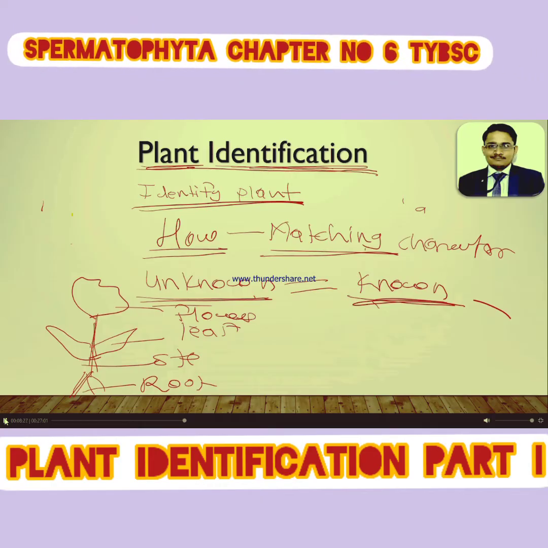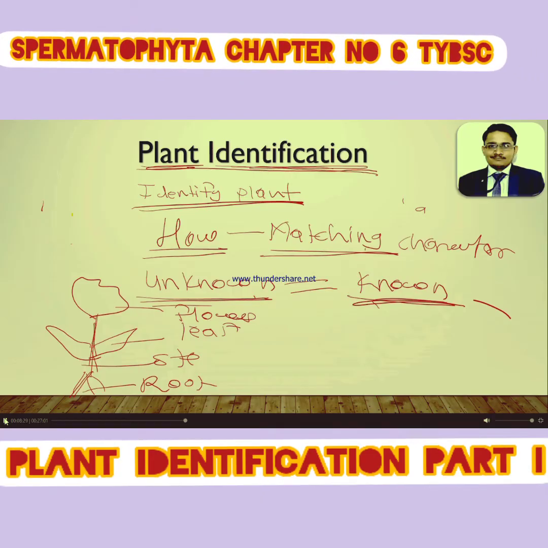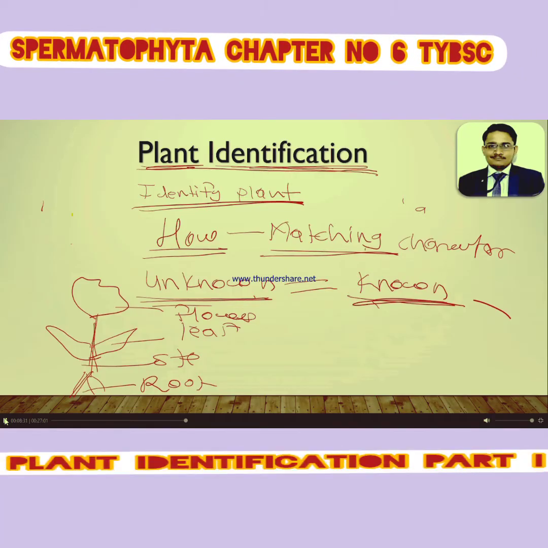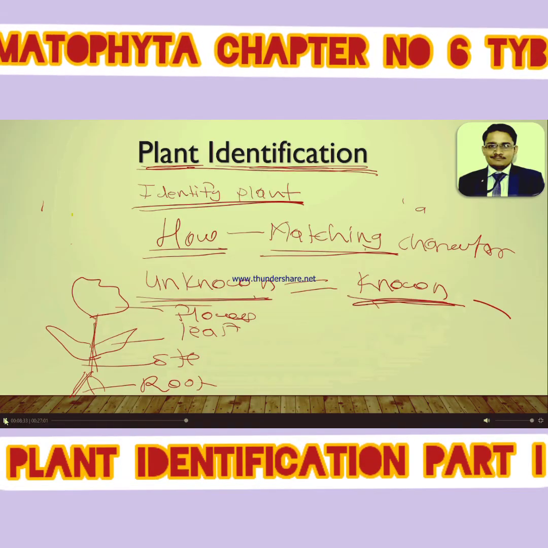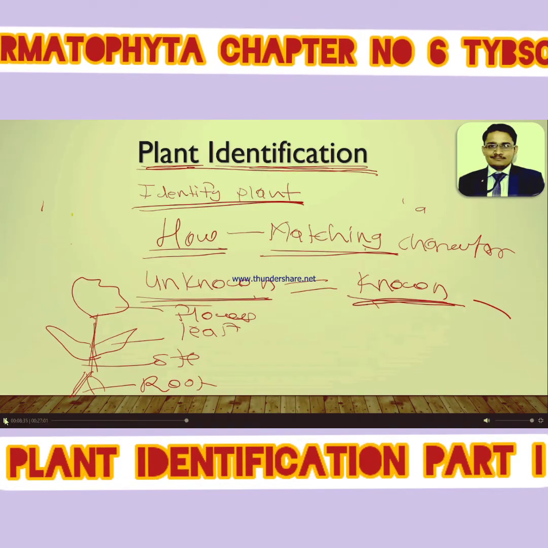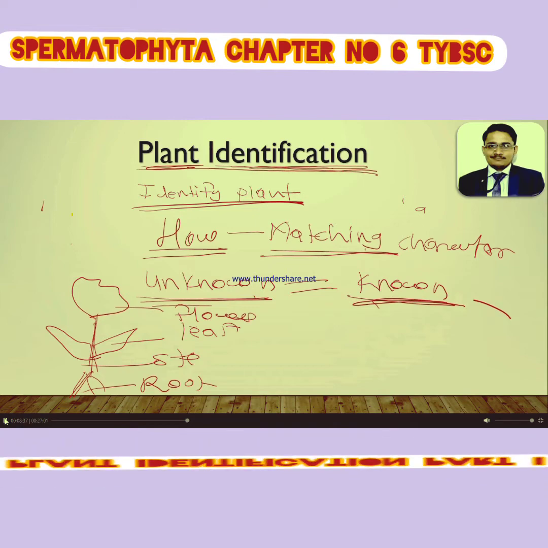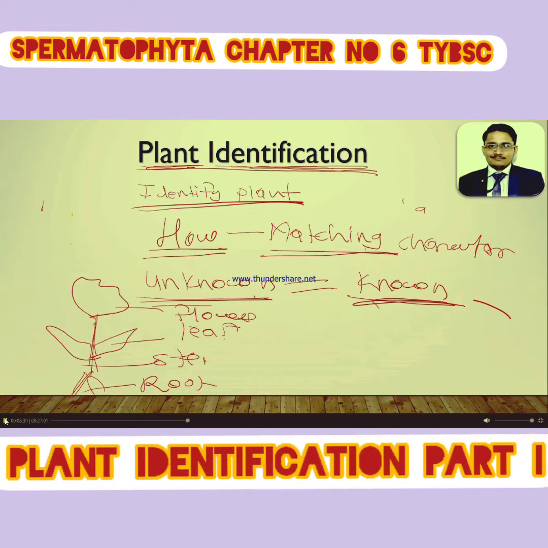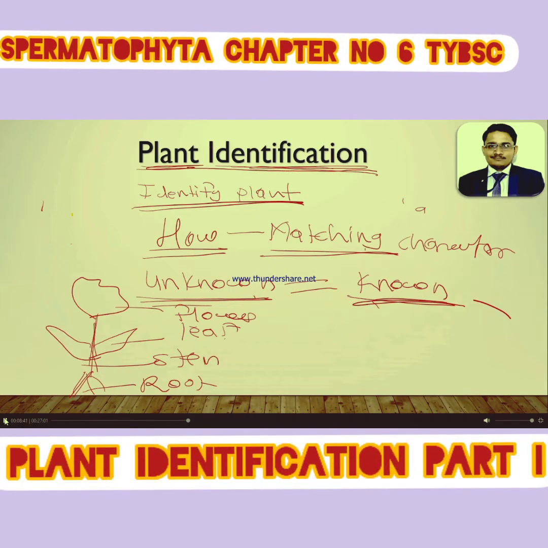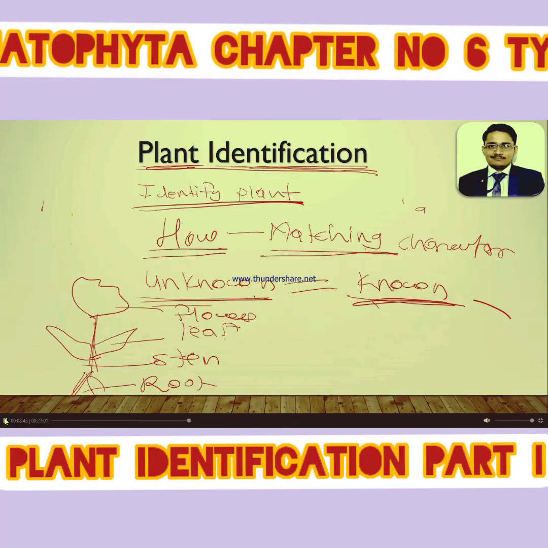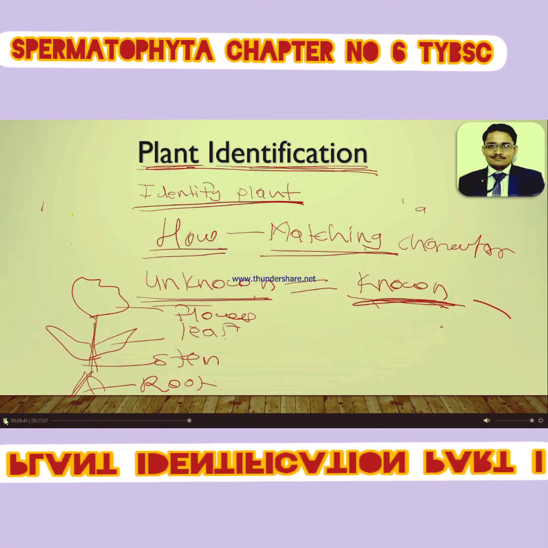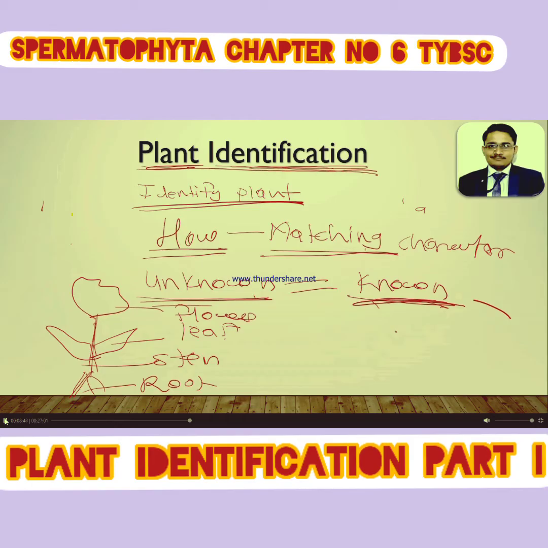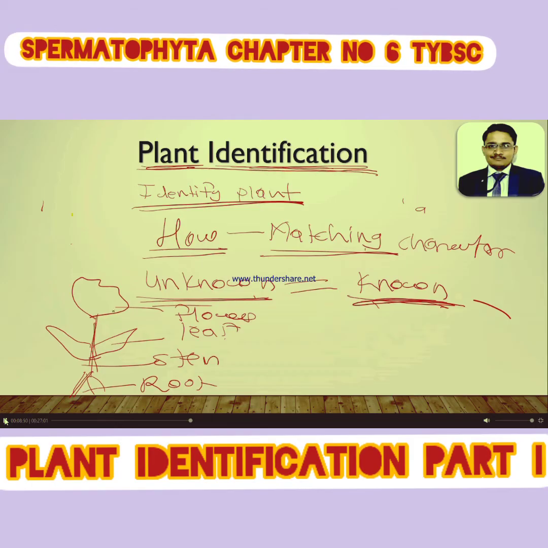We can imagine or describe the unknown plant's characters. After describing the characters, we have to match them with an existing variety or an existing known plant. For example, flower, leaf, stem and root. If those characters match one known plant, that means you can easily determine the species of that plant.